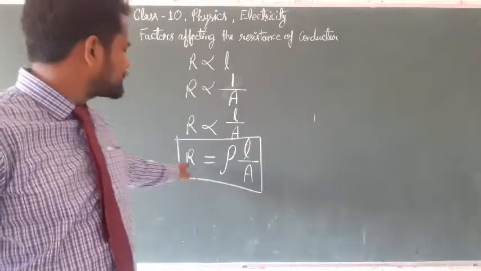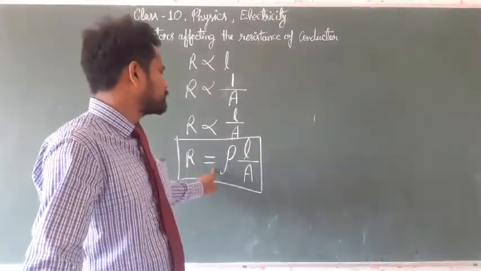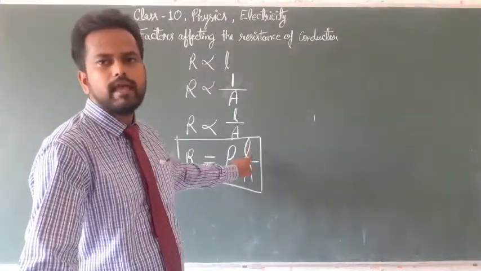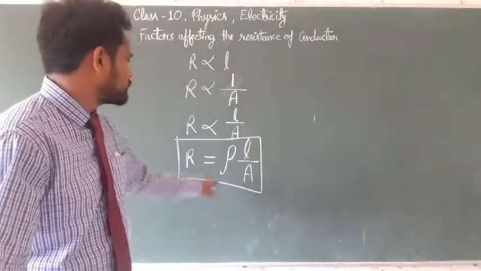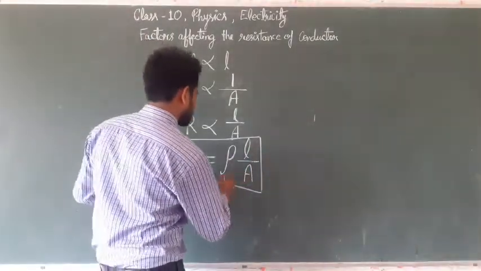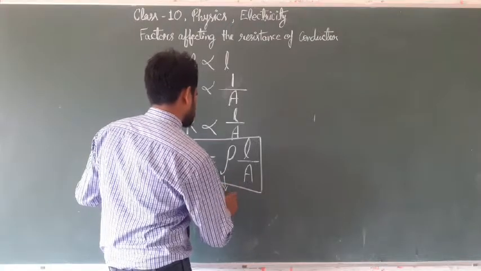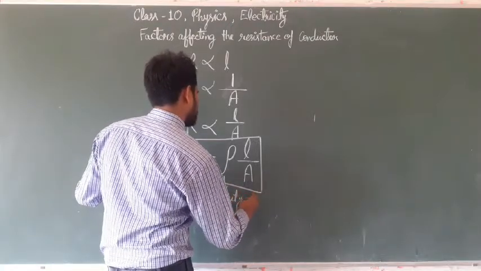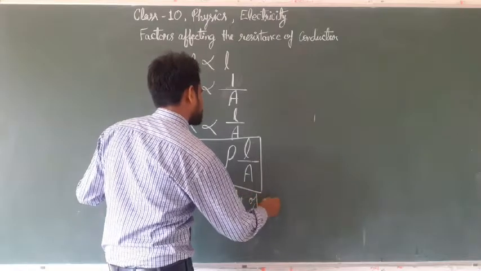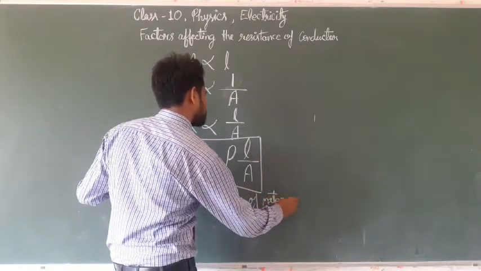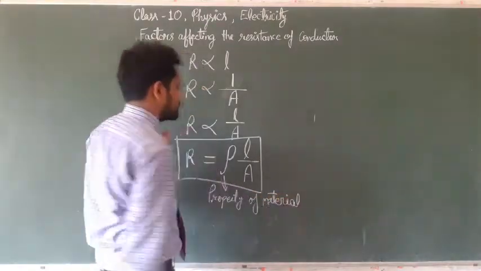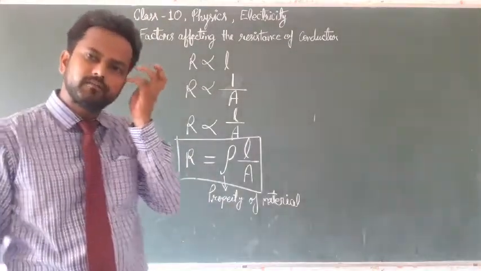R is equal to rho into L by A, where R is the resistance and rho is a property of material. Rho is the property of material.